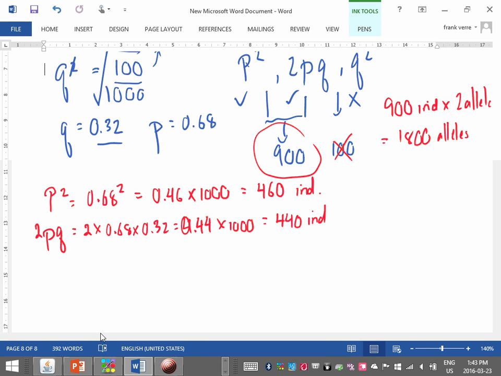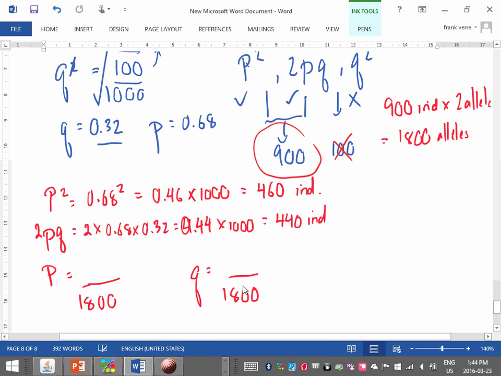So now we're going to figure out, okay, what's the frequency of P and what's the frequency of Q? We know that there are 1,800 alleles that can get to the next generation, so it's going to be out of 1,800. How many P alleles are there? Well, you saw yesterday that an individual that's P squared has how many P alleles?